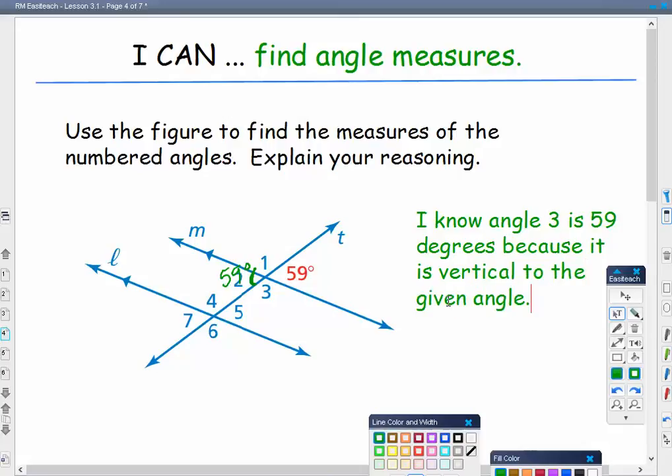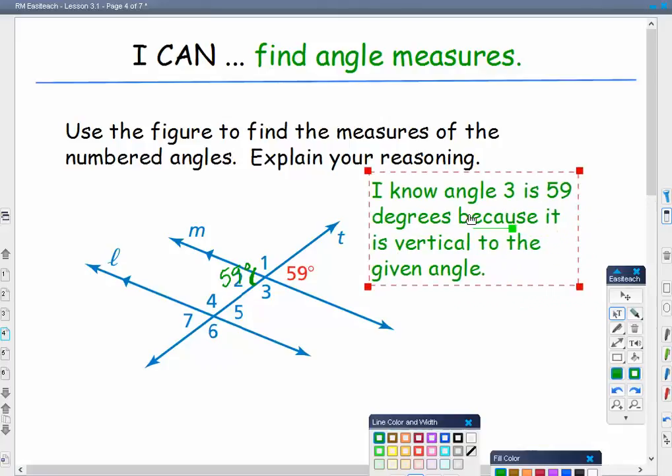That means the angle they gave me. It's vertical to the 59-degree angle. There's not just one perfect way to say this, but the key is having an understanding of that term, vertical. I know that angle 2 is 59 degrees because it is vertical to the given angle. And I could write similar explanations for some of these other angle measurements as well.